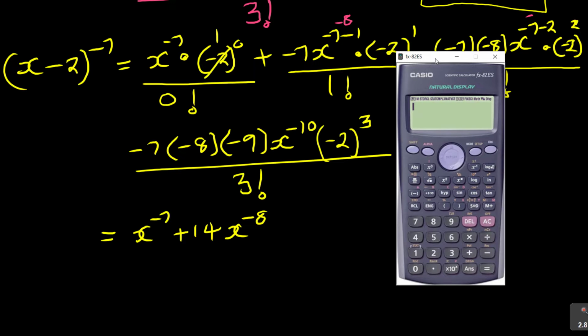If we use here, there is the factorial, shift factorial. You see that? So if I say, let's start with 0. 0 shift factorial is equal to 1. And then 1 shift factorial is equal to 1, you see? And then if you say 2 shift factorial is equal to what? 2.